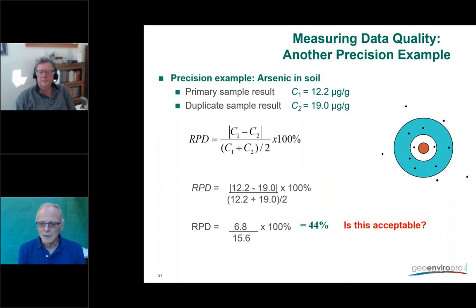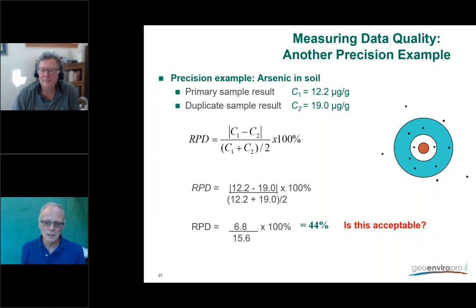picture on the side, Guy mentioned that typically we only do 2, but really we should be doing 12 duplicates. Are you advocating that too, Ryder? Not for every sample, but say you have an RPD of 50% and you have checked the tables and the transcription of the data from the lab and you don't see any problems there, and you look at the jar and you don't see readily why the RPD should be so high, then you may have the lab run 2 more tests on the same jar.